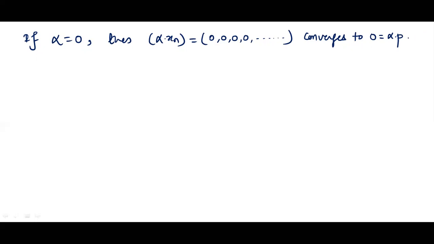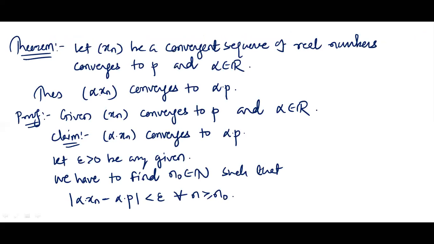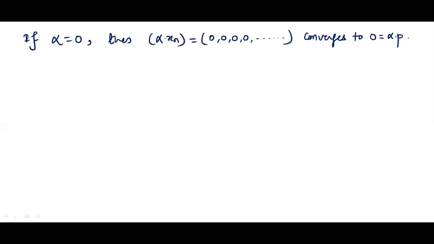See, if alpha is 0, then alpha into xn is 0, alpha into p is 0, mod of 0 minus 0 is mod of 0, and that is less than epsilon, because epsilon is positive, means the result holds. For alpha equal to 0, the result holds.